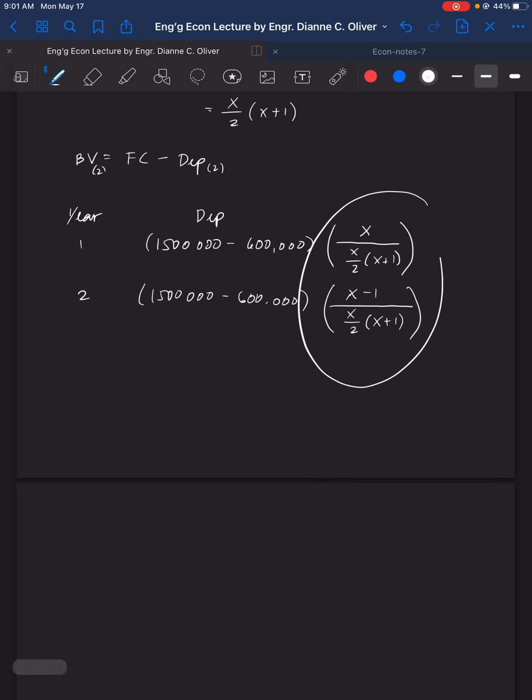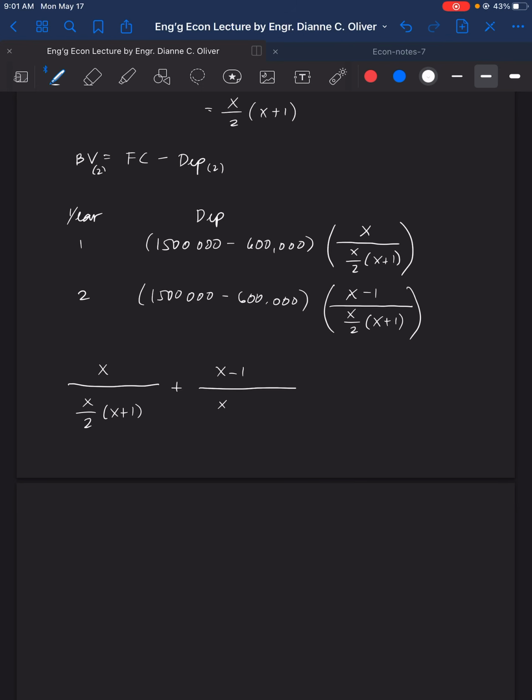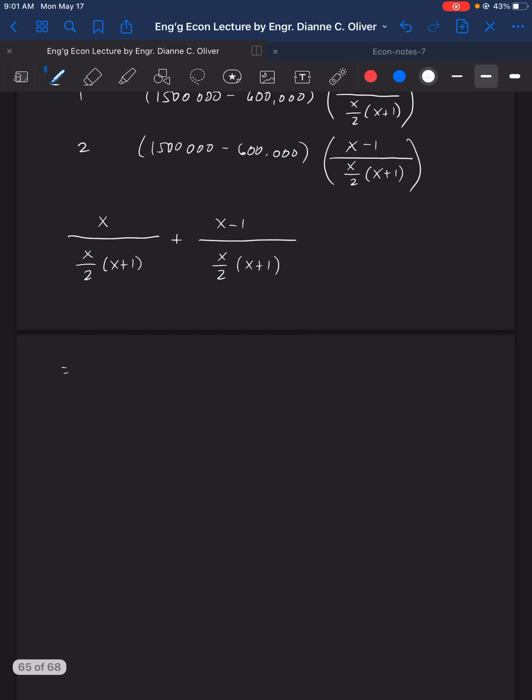Therefore, how will we get this? That is x over x over 2, x plus 1, plus x minus 1 all over x over 2, x plus 1. That is equal to, so what will happen here is the denominator becomes 2x. Then actually the x will be cancelled, so it's just 2 over x plus 1.